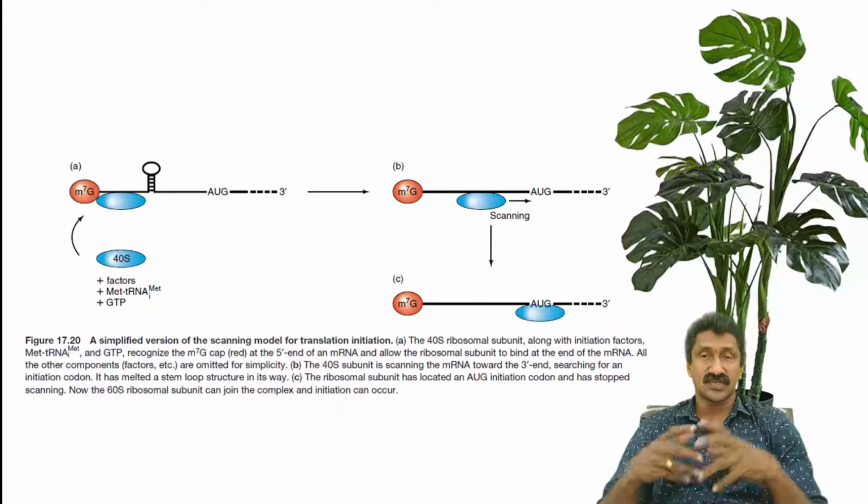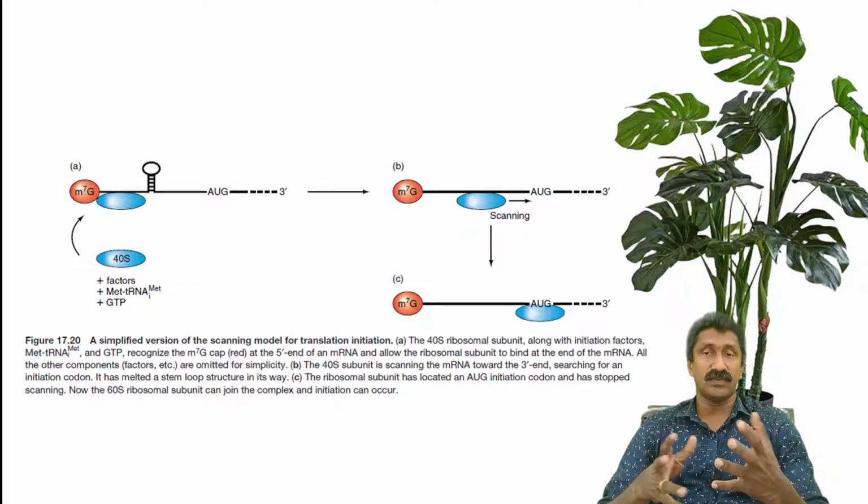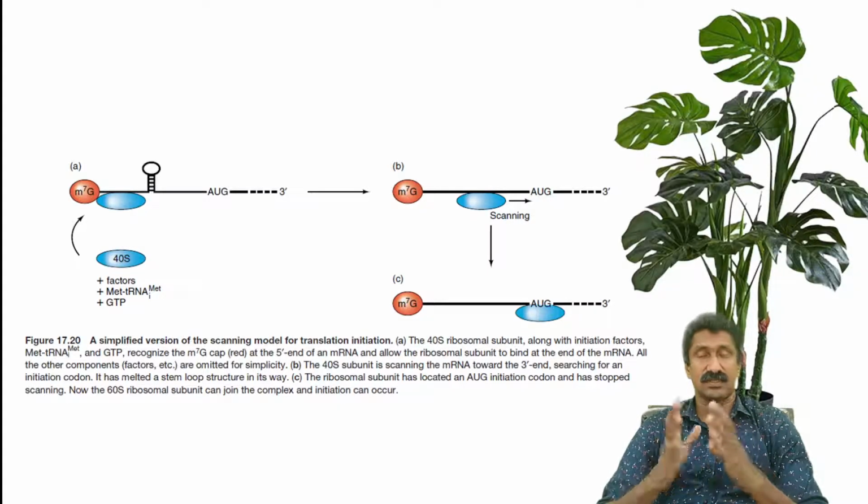Maybe there are some looped and special structures formed in the eukaryotic mRNA, and such structures will normally prevent the translation process.